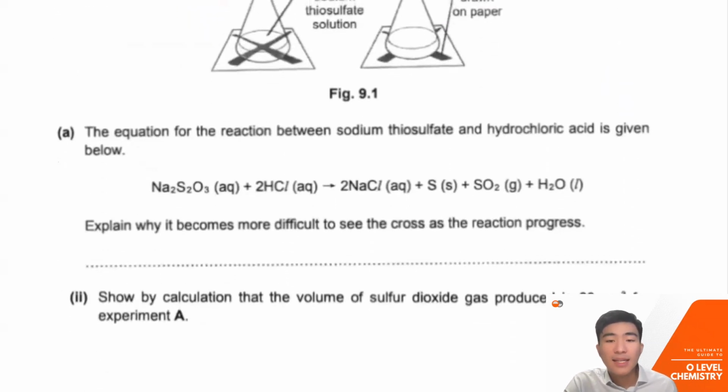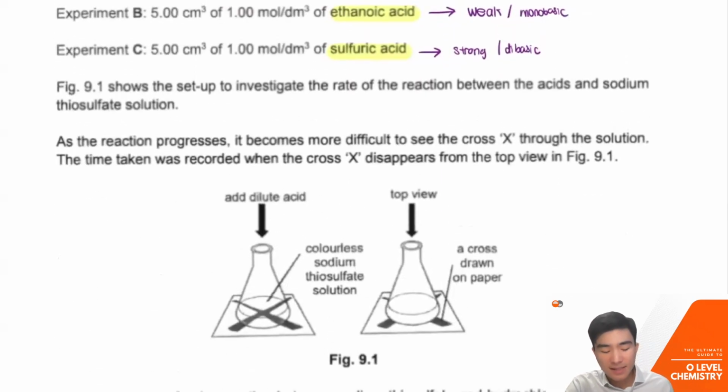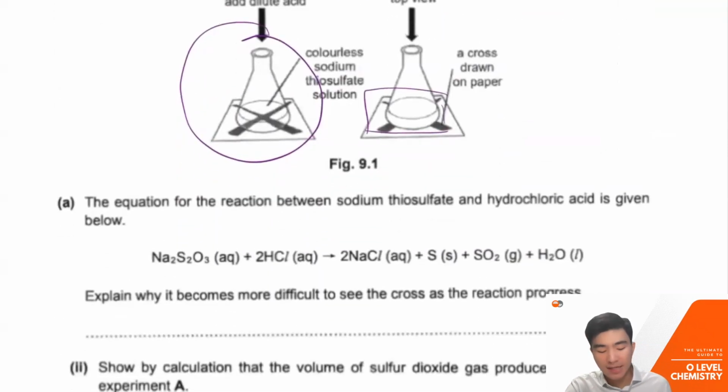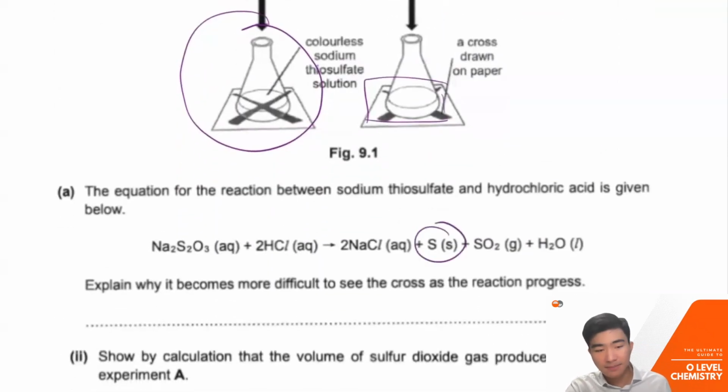Explain why. The question tells you that as the reaction progresses, they put a cross at the bottom of this setup. From the top view, there is a reason why they cannot see the cross anymore. It's because if you look at the equation, there is a formation of sulfur.